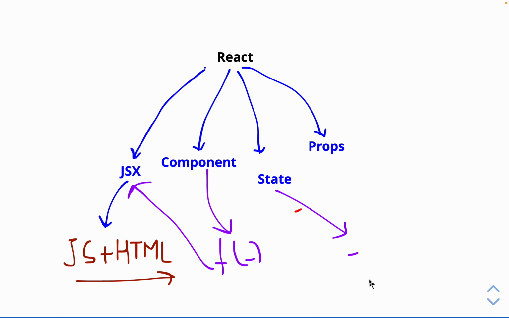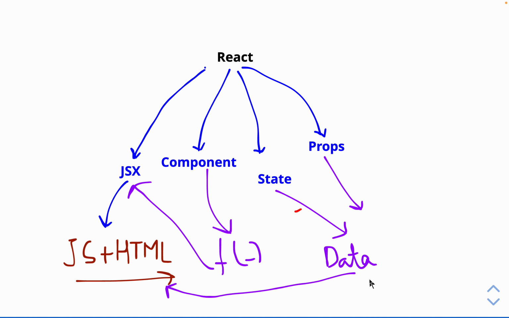Then what a state is. People get confused with state and props, but the difference is very simple. State and props both represent the data inside my React component, and that data is used in my JSX.